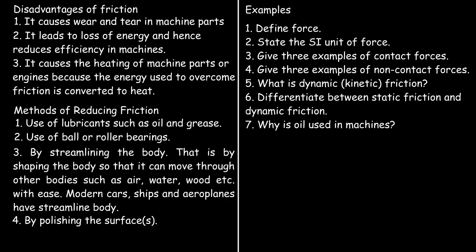Static friction is the frictional force to be overcome for an object to begin to move, while dynamic friction is the friction that needs to be overcome for the object to continue moving. Number 7, why is oil used in machines? Oil is used in machines to reduce friction and also increase the efficiency of the machine.